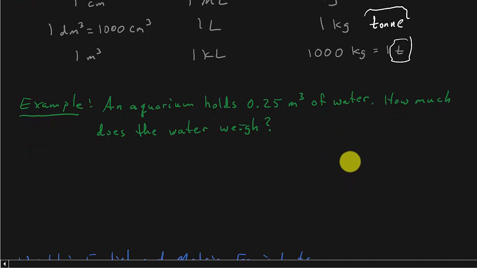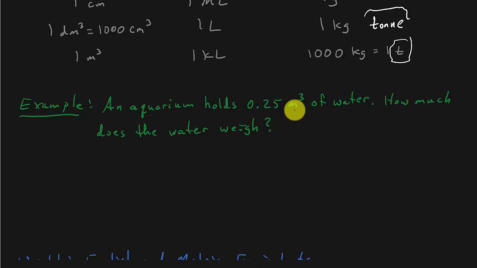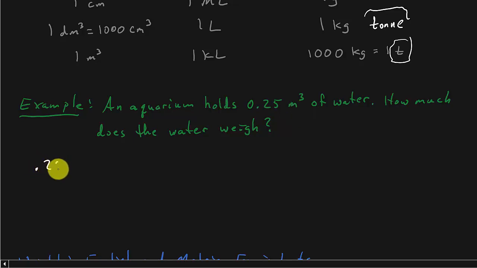All right, so we've got cubic meters. If you've watched the other videos, we've got 0.25 cubic meters, and we'll put that over 1. Now, remember, what you're converting to is going to stay in the numerator.